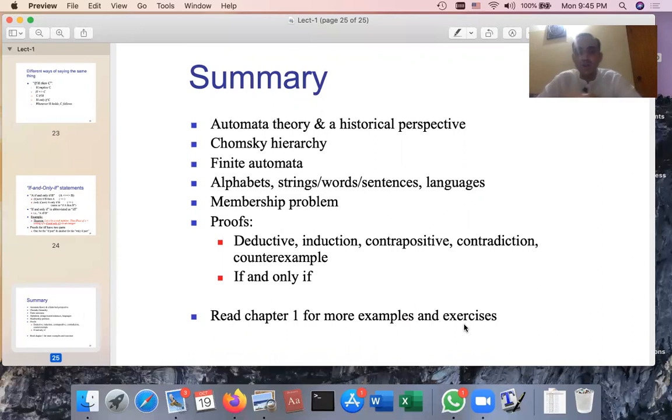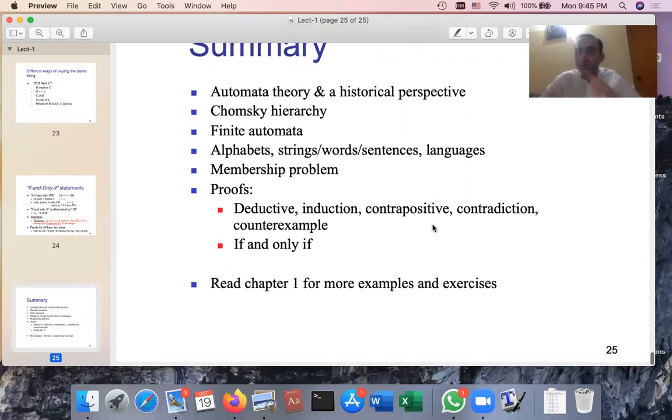At the end, I said to read chapter one for more examples and exercises. If you want to practice, the exercises and some more examples are available in the book. You can read them just to warm up for this course.